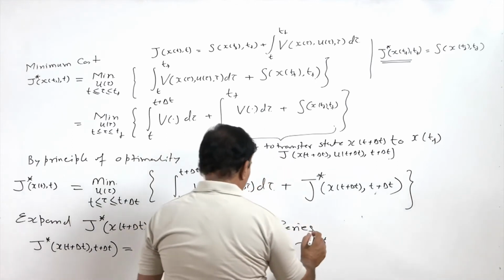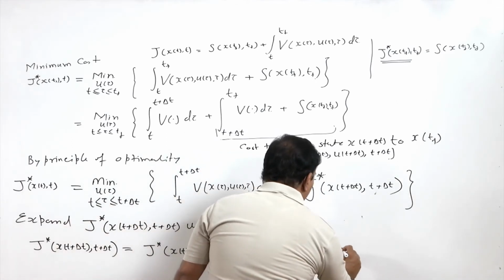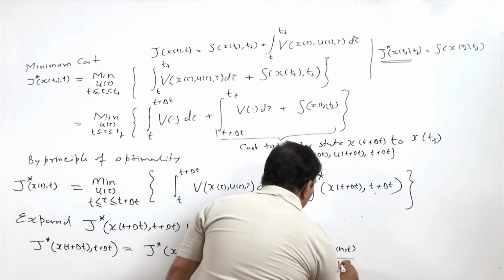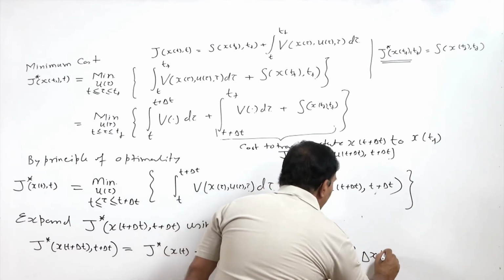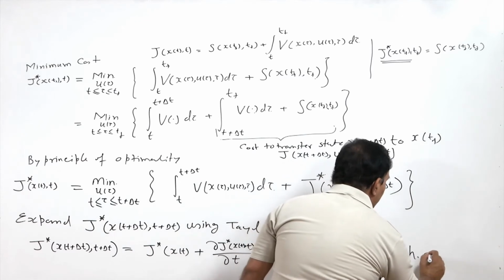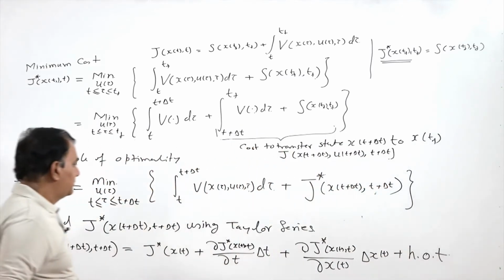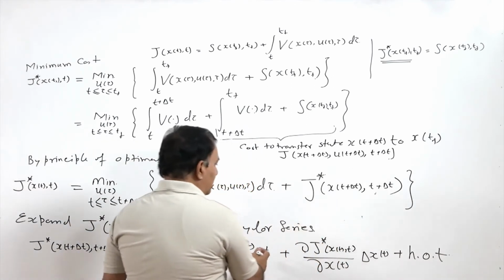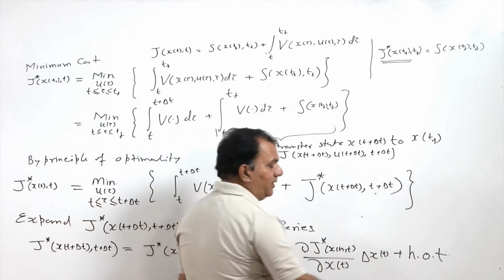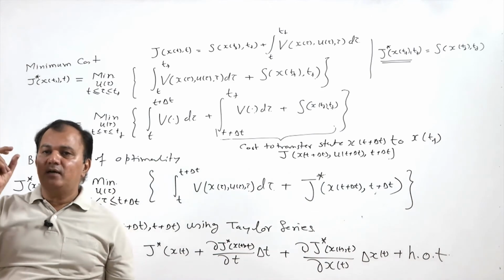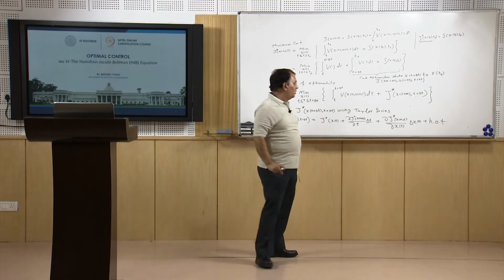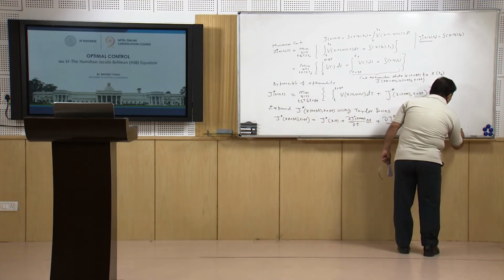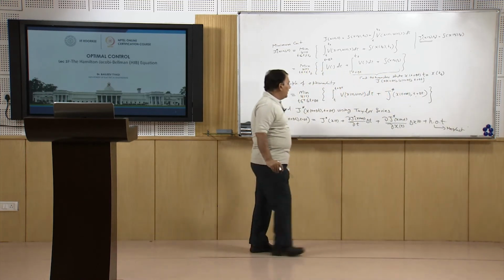now the second term, ∂J star(x(t), t) by ∂x of t times Δx(t), plus my higher order terms, and higher order terms will also be functions of your Δt and Δx. But if you consider the variation Δt to be very small, we can neglect these higher order terms.